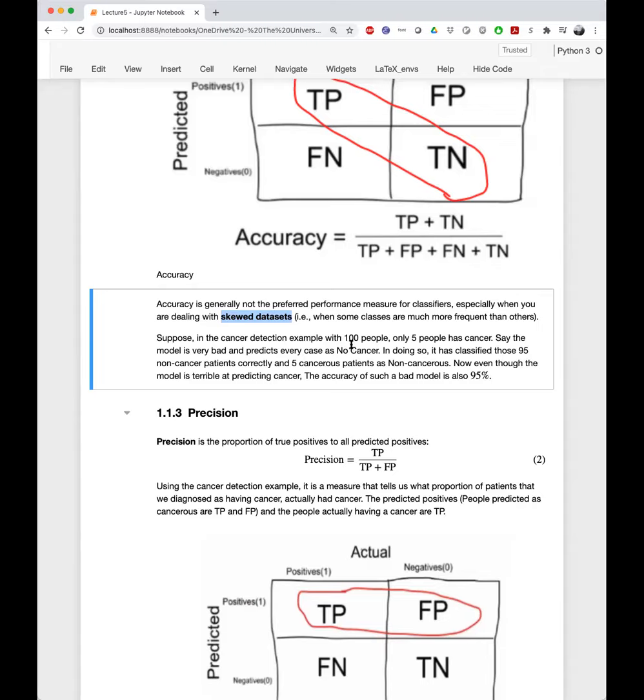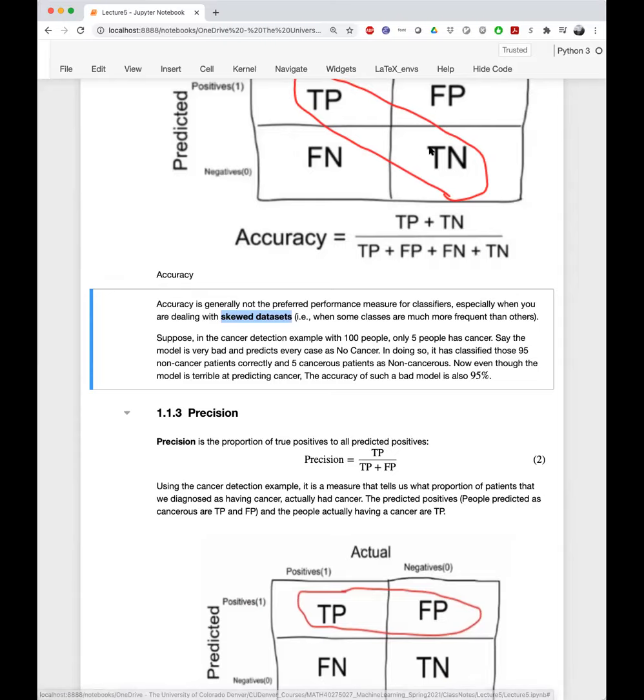But when we look at the accuracy of this model, there are 95 people who have no cancer and 5 people who have cancer. The model predicts everyone has no cancer, so 95 people are true negative. There's no true positive case because the model doesn't predict any positive case.